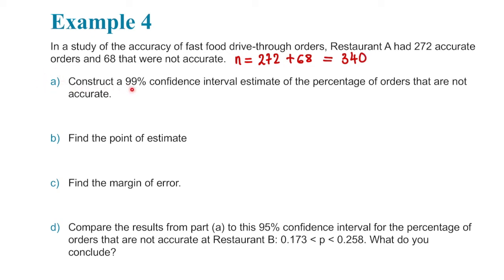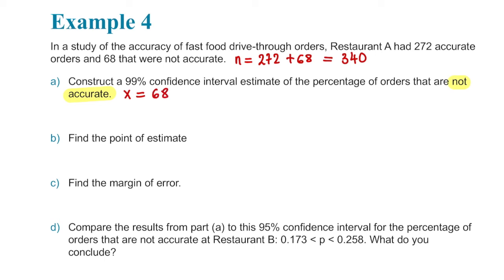A. Construct a 99% confidence interval estimate of the percentage of orders that are not accurate. We are trying to estimate the percentage of the orders that are not accurate. So my success is the number of orders that are not accurate. That means my X is the number of not accurate orders, which is 68.